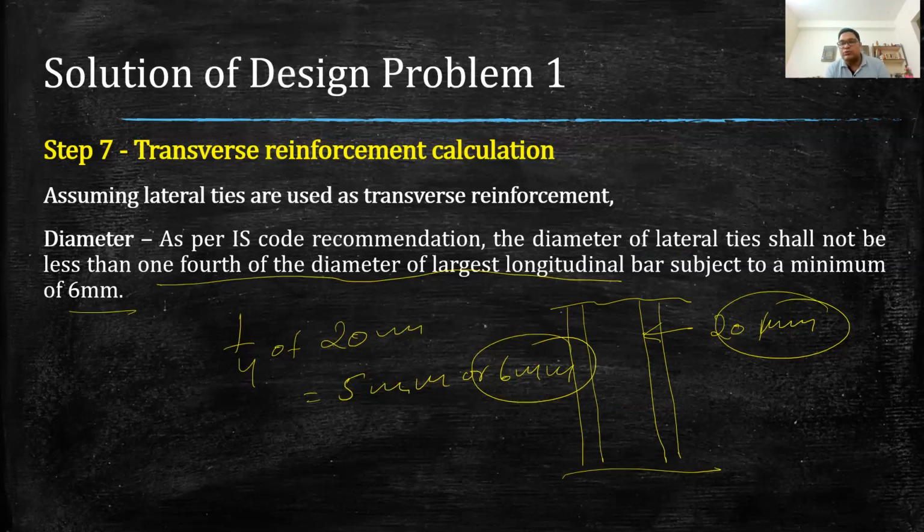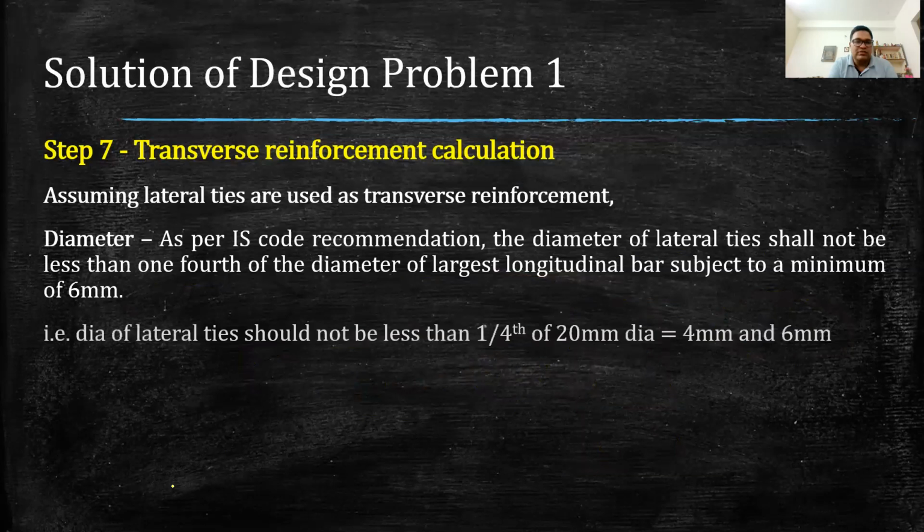But because we are using HYSD bar, and in HYSD bars, the minimum dia of bar available in the market is 8 mm, therefore we will adopt the lateral ties dia as 8 mm. So that is what I have written.